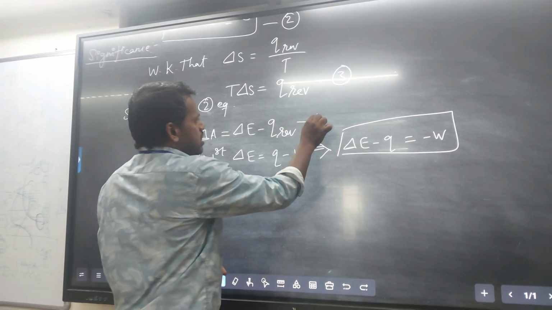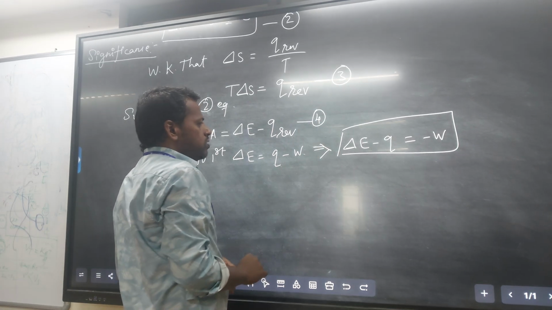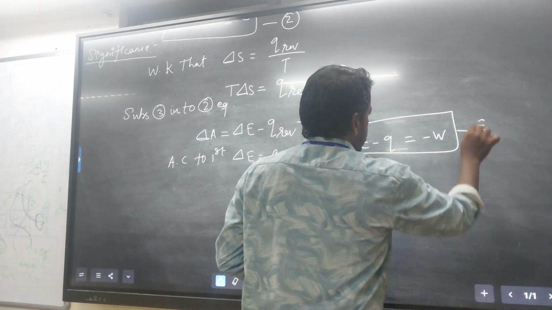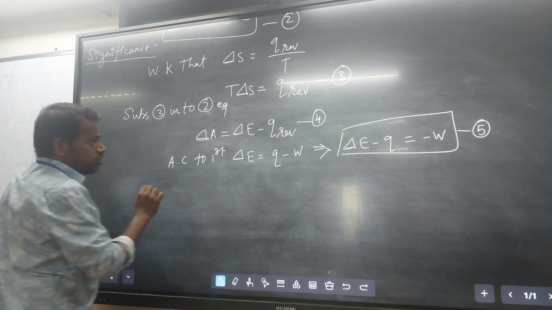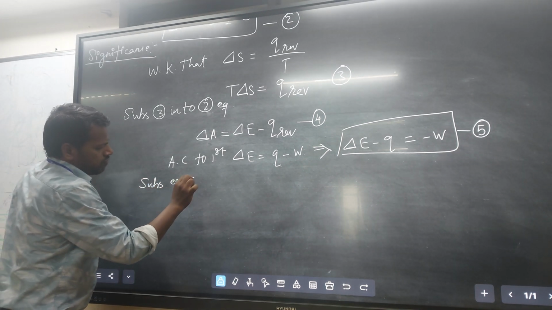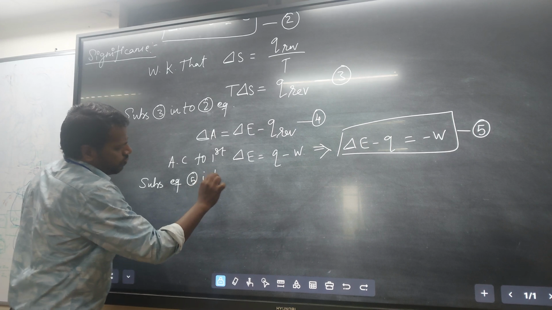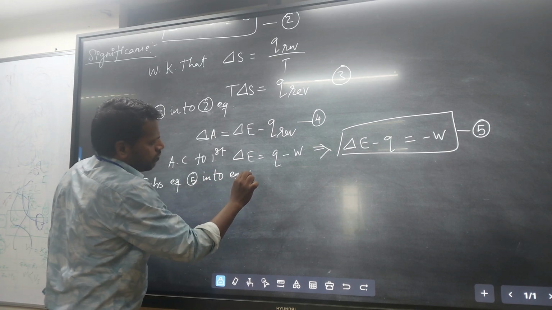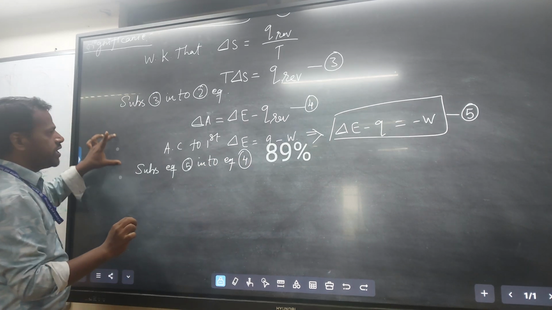Suppose you consider this as equation number 4, and the other as equation number 5. You substitute equation 5 into equation 4. What do we get?